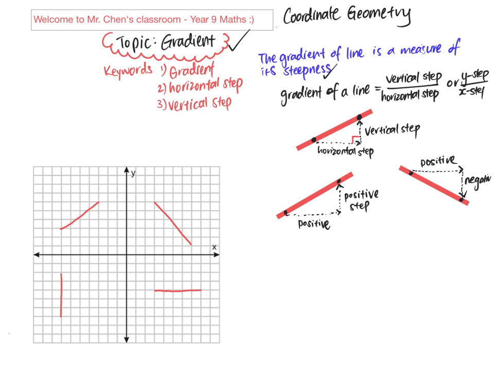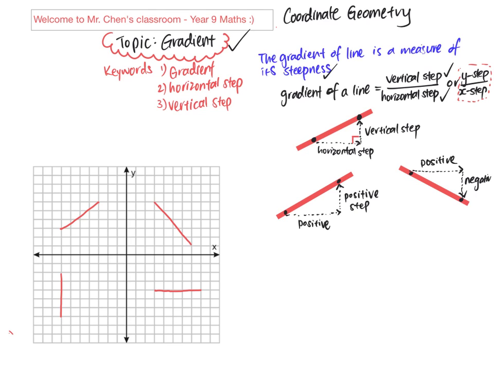The gradient of a line, how to find it, is vertical step divided by the horizontal step. Or if you want the simplified version, it is the y step divided by the x step.